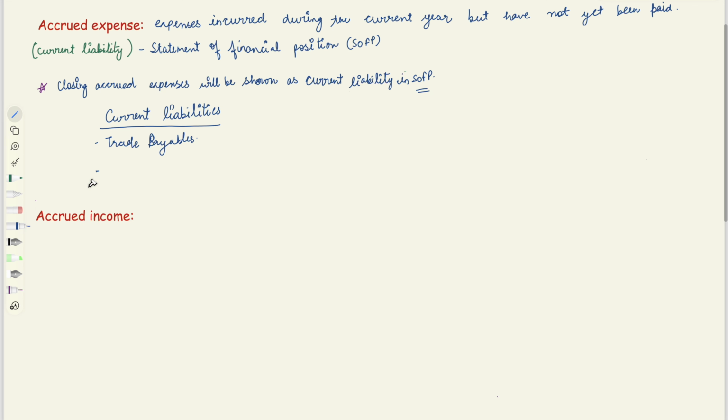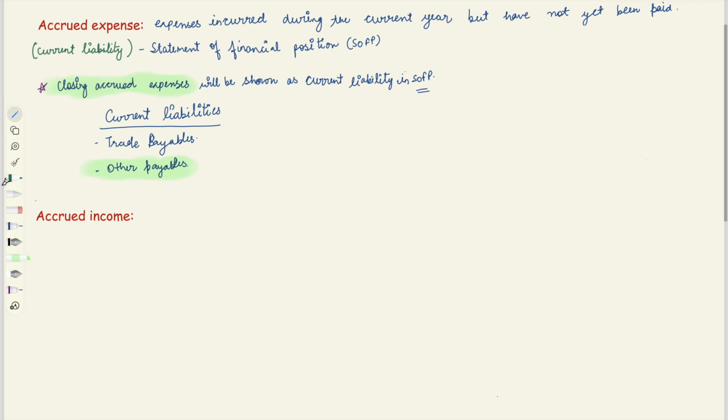Then either you're going to write down the accrued expense name, for example, accrued rent, or it is usually a part of other payables. Every accrued expense can be added to other payables. So how do we show it? In other payables. What do we show? The closing accrued expense, only closing accrued expense.